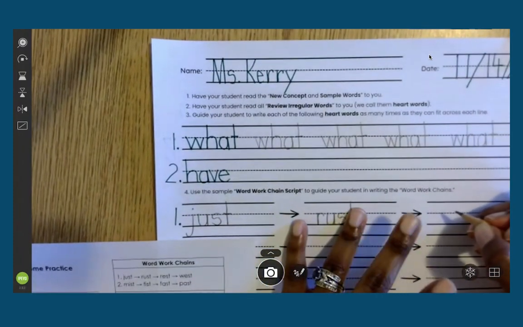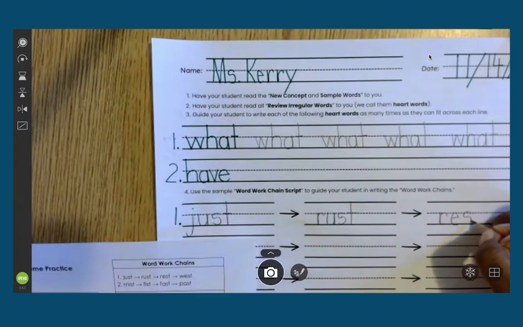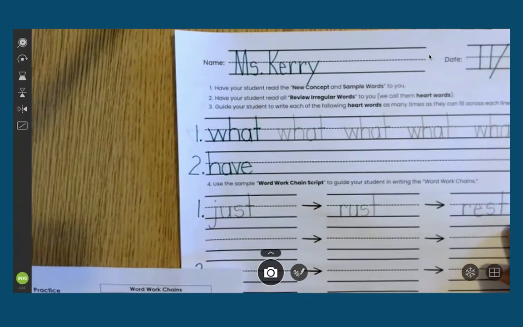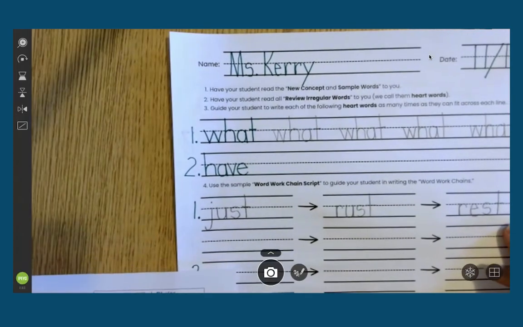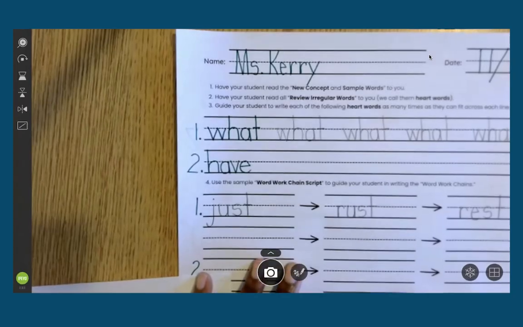R, s, t. 4 sounds. R, s, t. Rest. Change rest to west. W, s, t.